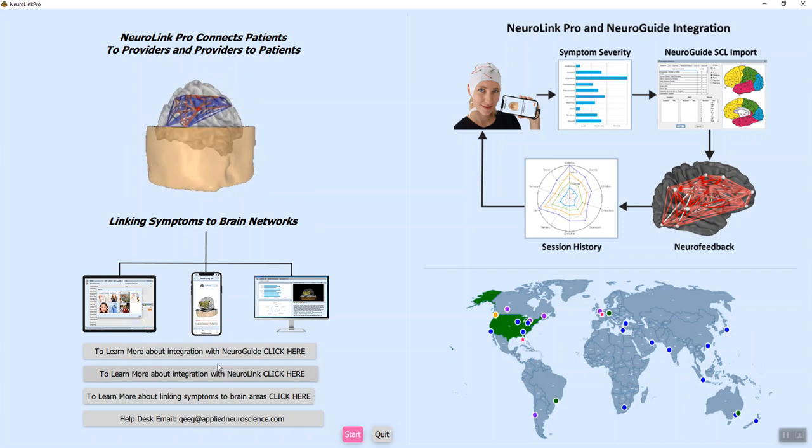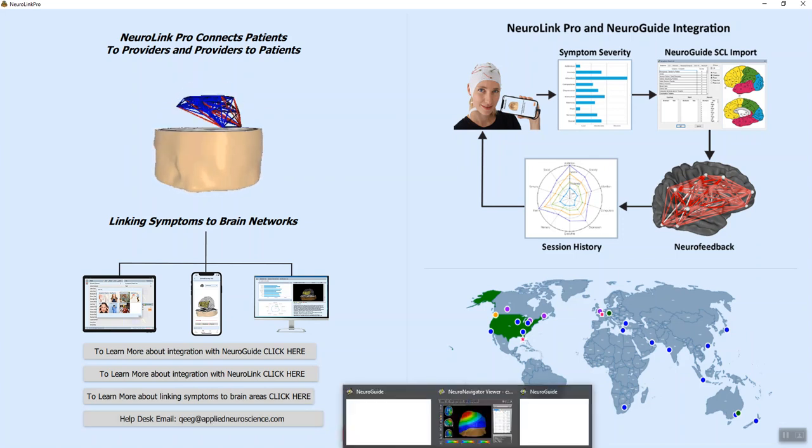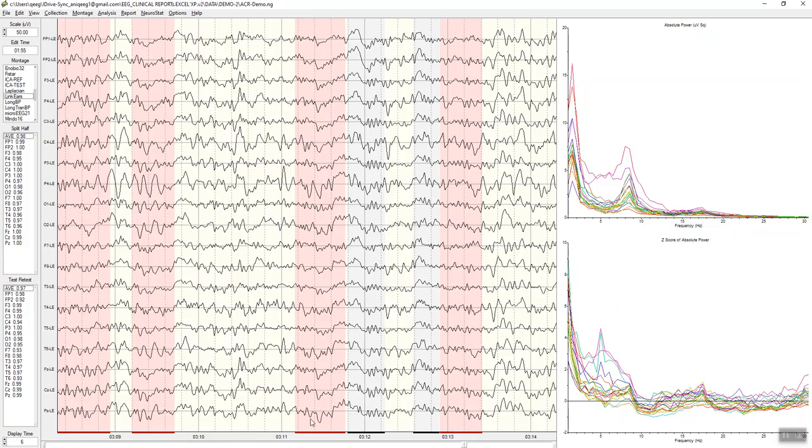When you bring up NeuroLink Pro, you can activate these various documents, including the Handbook of Quantitative EEG, NeuroLink and NeuroGuide, etc., and also send an email to Applied Neuroscience. But for now, I'm going to bring up the NeuroGuide, and we're going to start there, and then we'll come back to NeuroLink, because NeuroGuide, most people are familiar with.